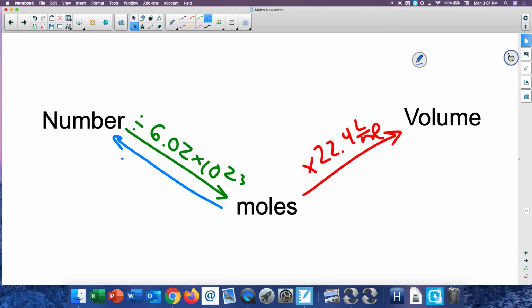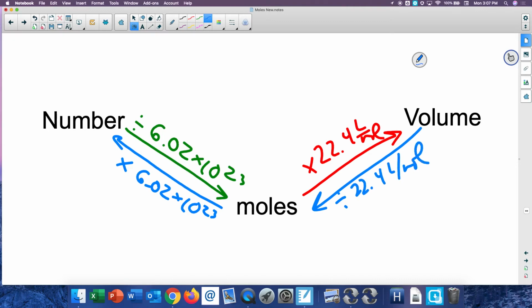I'm going to multiply by 6.02 times 10 to the 23rd. If I'm going from volume into moles, what am I going to do? Divide by what? Divide by 22.4 liters per mole.